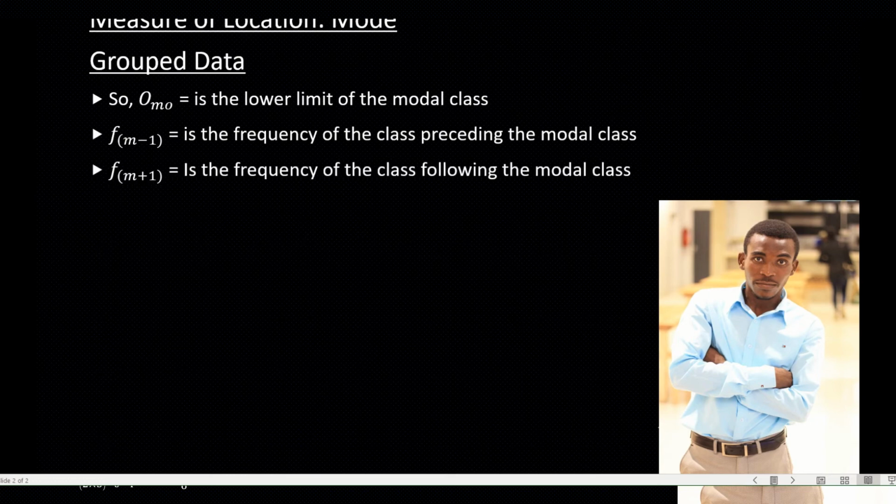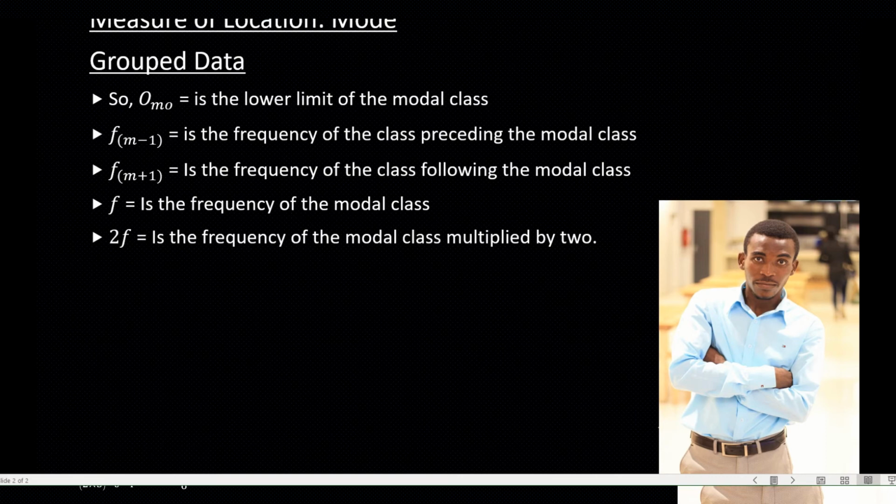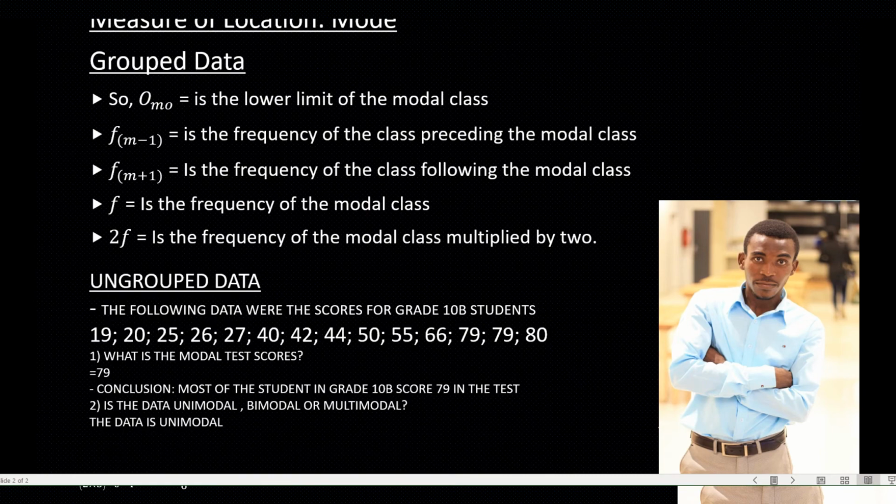If you have F subscript M plus 1, then it is the frequency of the class following the model class. If you have F, it is equal to the frequency of the model class. And if you have 2F, that is the frequency of the model class multiplied by 2.